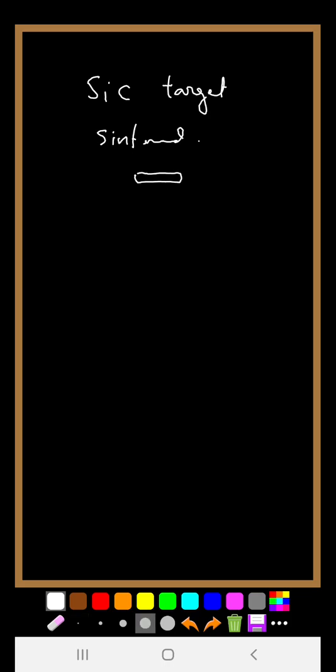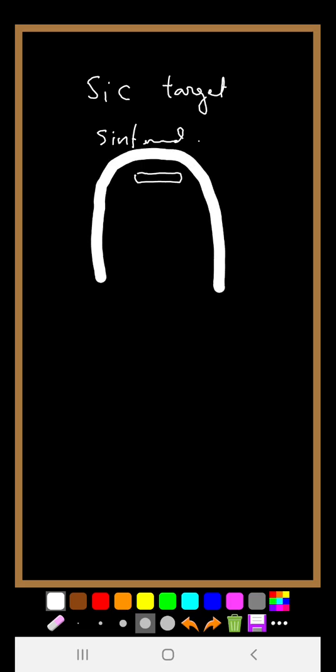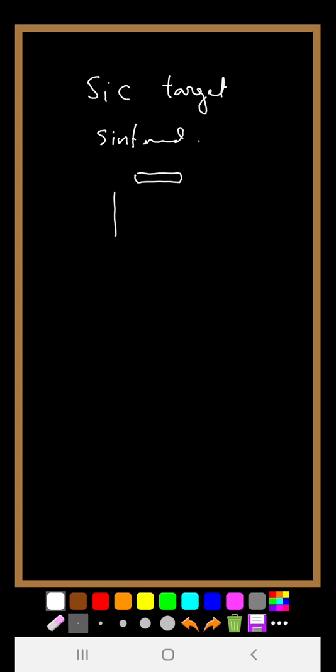usually what we do, we make a silicon carbide target, a ceramic target with sintered target is made, and this silicon carbide target is kept in a chamber, an evacuated chamber, and we first allow argon gas to be introduced into the chamber.